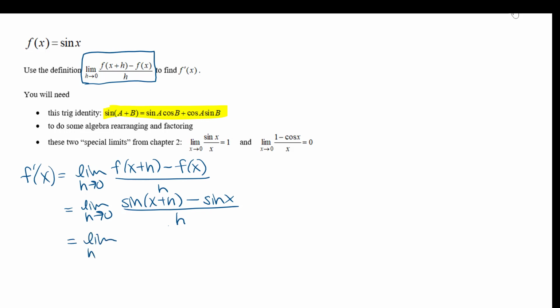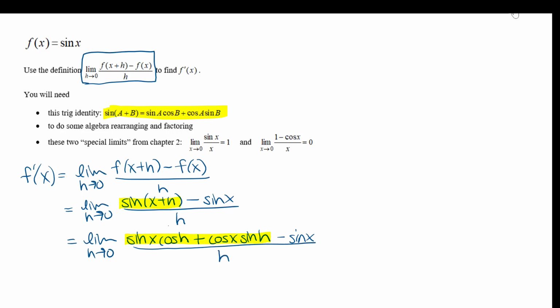So I'm going to have the limit as h approaches 0 of, I'm just using the identity, sine of x times cosine of h plus cosine of x times sine of h. Alright, so I just applied that identity to the sine of x plus h. So that's what I have right here. And then on the numerator, I still have minus sine of x all over h.